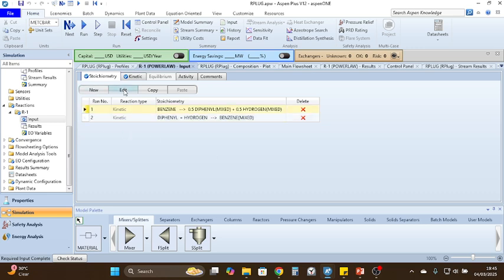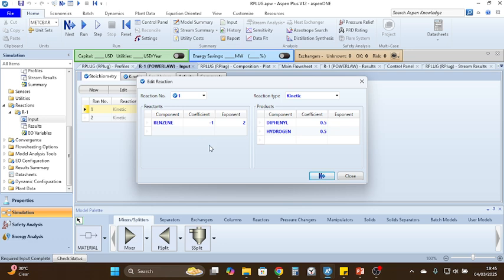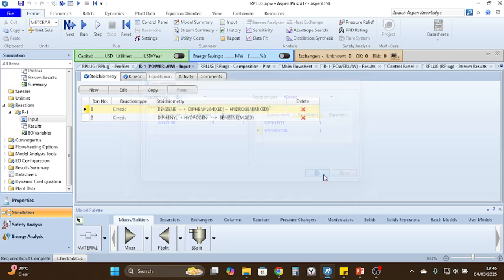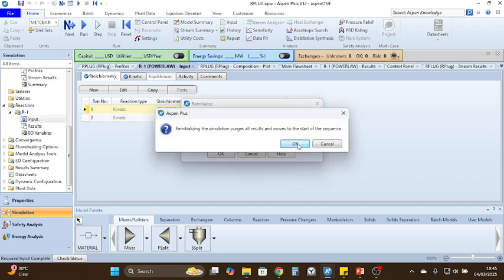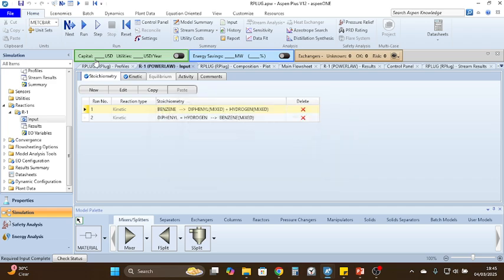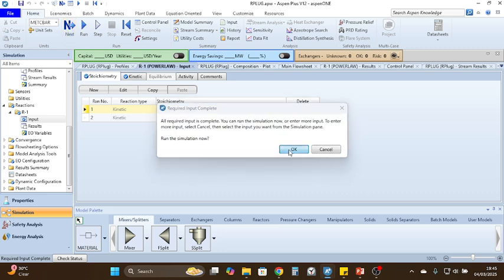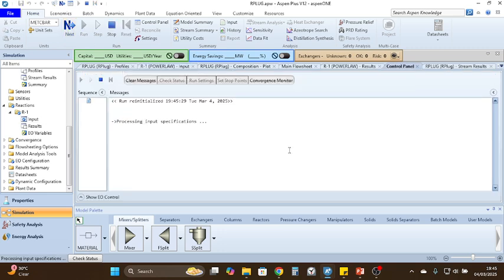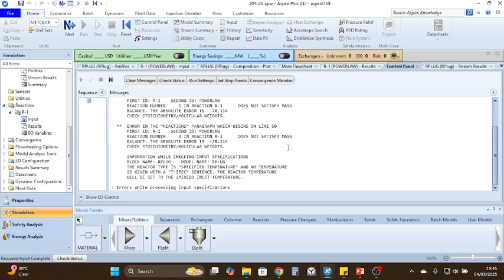Yes, and it is written that it is an elementary reversible reaction, right? So if it is an elementary reaction, then according to benzene it is a second order reaction, and in the reverse direction, according to diphenyl and hydrogen it is first order.